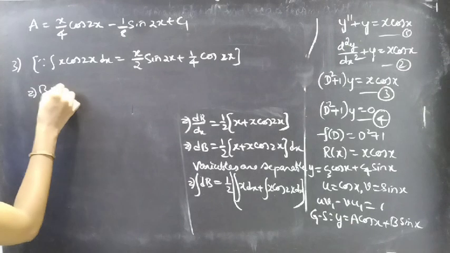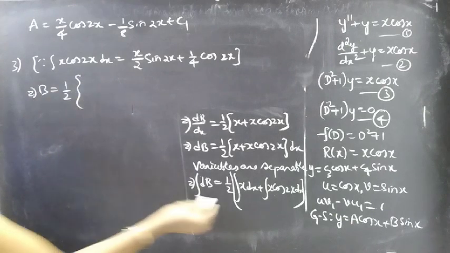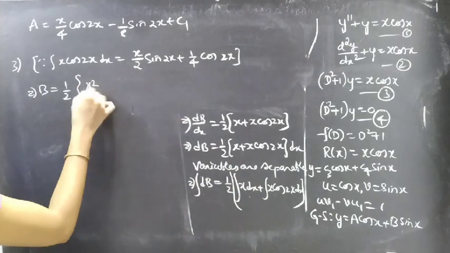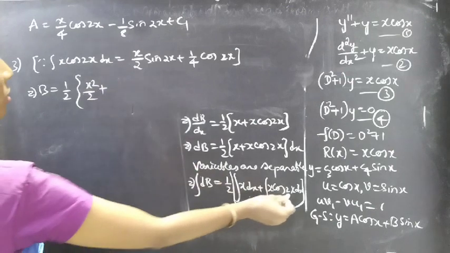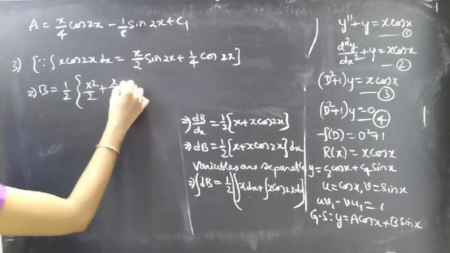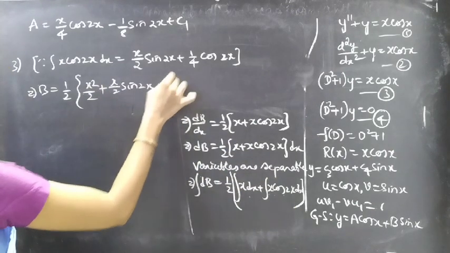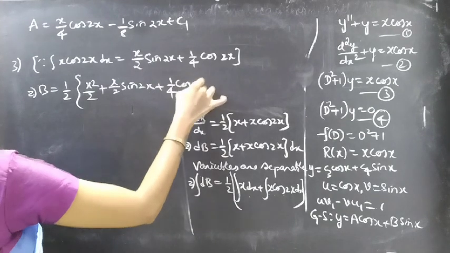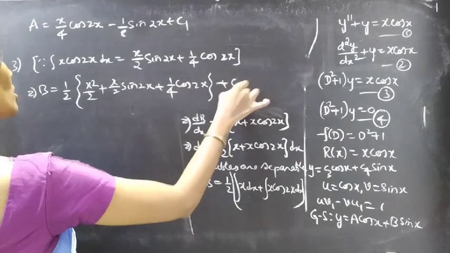Since integral x cos 2x dx is x by 2 sine 2x plus 1 by 4 cos 2x, this becomes integral db equals 1 by 2 of integral x dx, which is x square by 2, plus integral x cos 2x, which is x by 2 sine 2x plus 1 by 4 cos 2x, plus an integral constant, say c2.